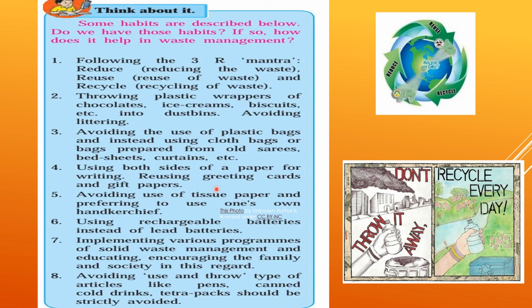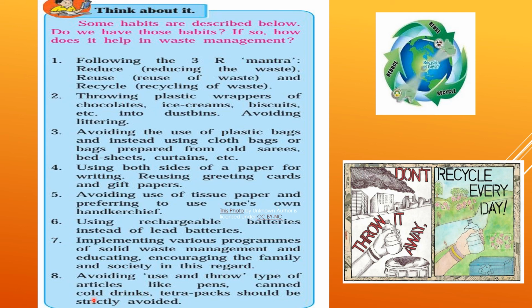Then reusing greeting cards and gift papers. Also, we can avoid the use of tissue paper and prefer our own handkerchief. Then using rechargeable batteries instead of lead batteries. Then implementing various programs of solid waste management and educating and encouraging the family and society in this regard.